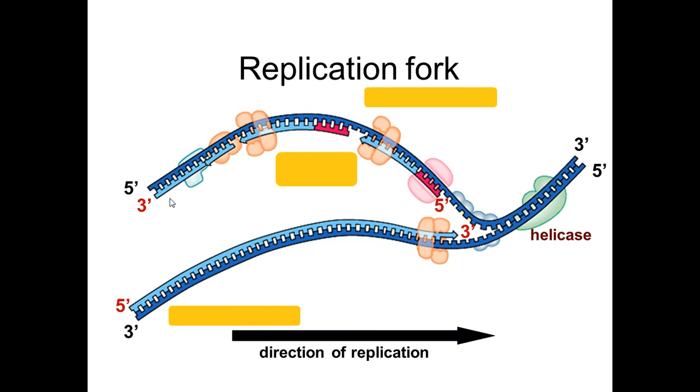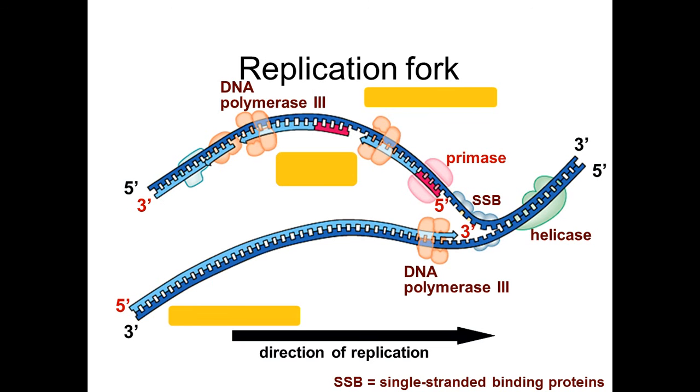Helicase, again, is what unzips the DNA. Those are your single-stranded binding proteins that stabilize things. Primase, this only happens on this side of the replication fork. And that, again, is what kind of starts that process. This one has to go in chunks. DNA polymerase 3, working on both sides.